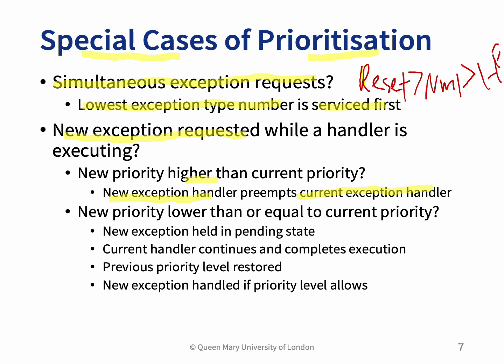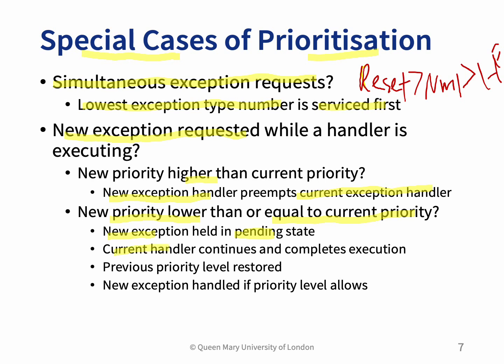Another case is what happens if the new priority is lower than or equal to the current priority. The new exception will be held in the pending state. So instead of being run, the new exception is waiting in line. It's in pending, standby, right?